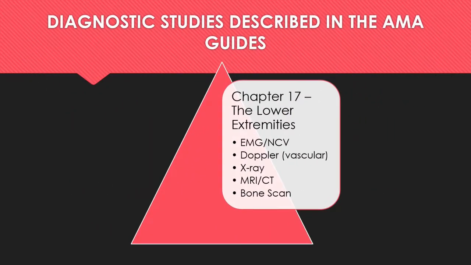Then in chapter 17, the lower extremity chapter, the AMA guides again talk about electrodiagnostic studies, including electromyography and nerve conduction velocity testing. They talk about Doppler vascular studies, X-ray studies, advanced imaging studies such as MRI and CT, and they talk about the use of bone scan studies for the assessment of impairments related to chronic regional pain syndrome.